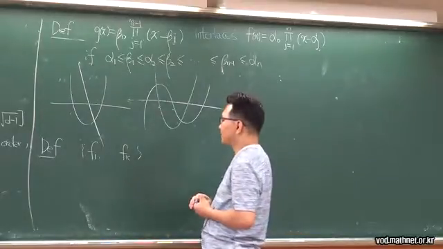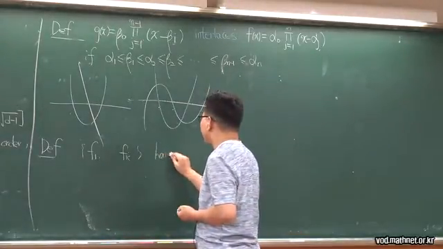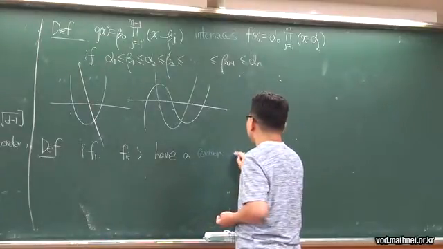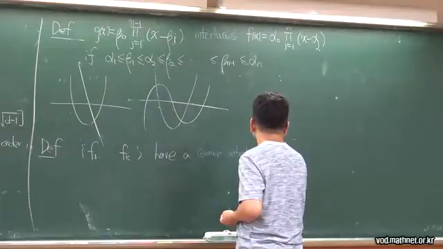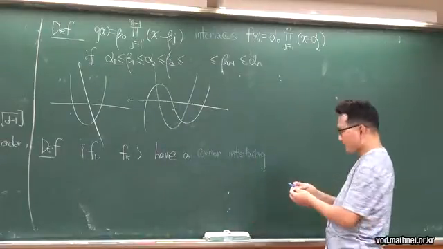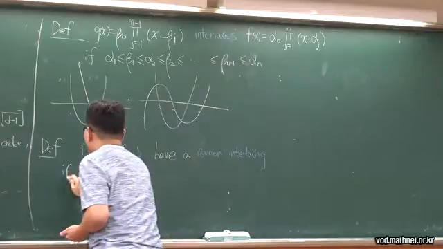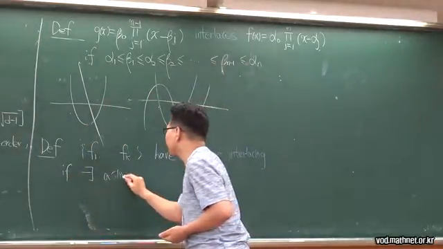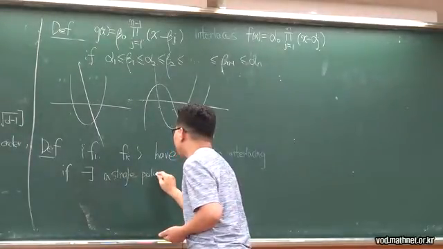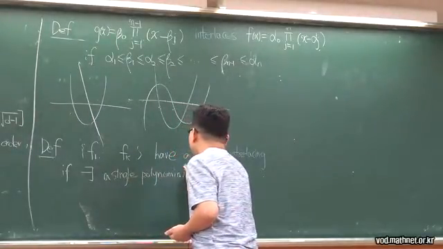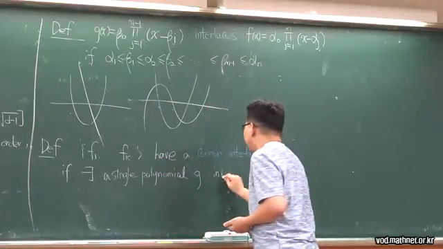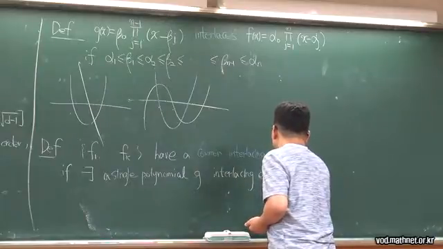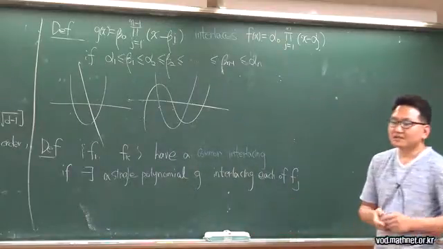They have a common interlacing if there exists a single polynomial, maybe say z, that interlaces h of s sub j in here.